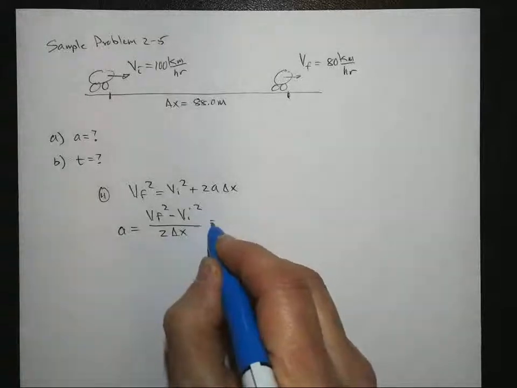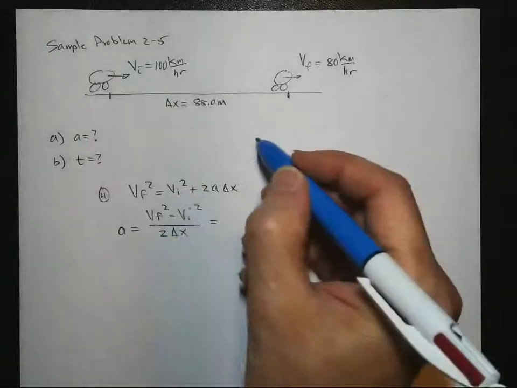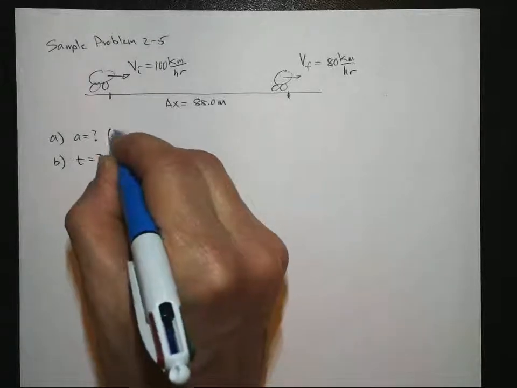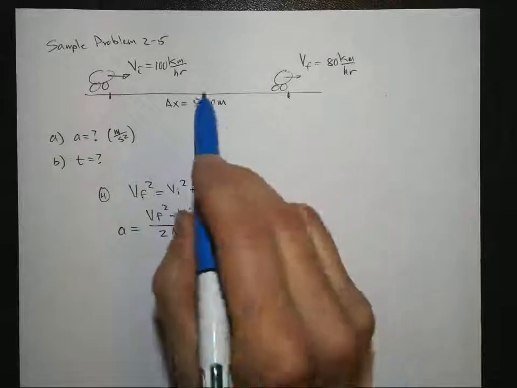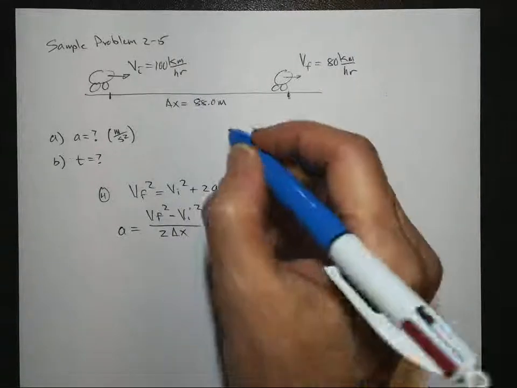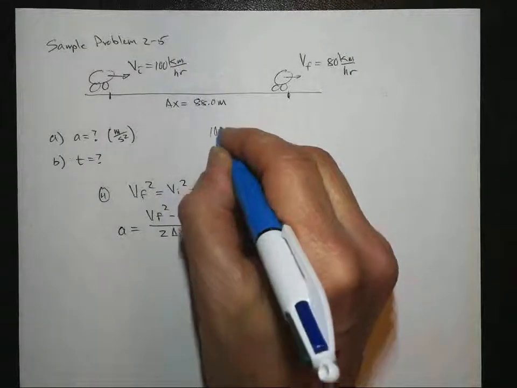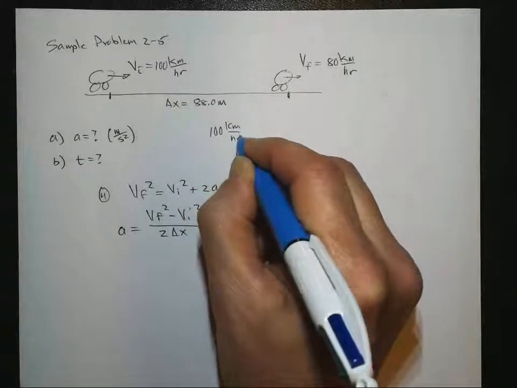Now, we've got an issue here. If we want our answer for acceleration to be in units of meters per second squared, we've got to convert these velocities to meters per second. So I'll do 100 kilometers per hour. We want to do what's called factor label.